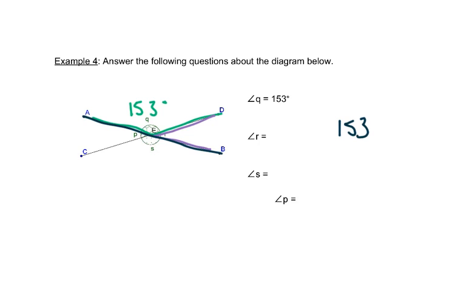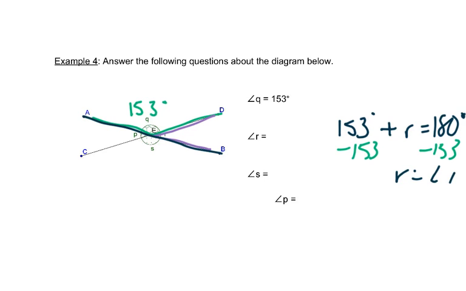So we know 153 degrees plus R equals 180. So we need to subtract 153 from both sides. And we find that R is 27 degrees.